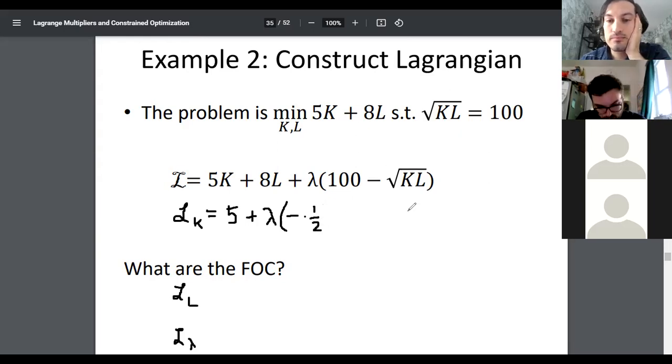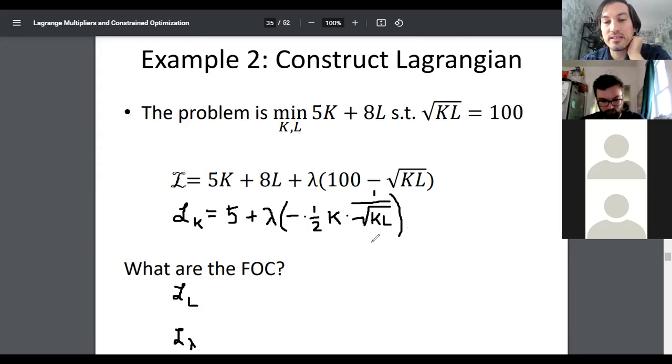Yeah, K over 2 times the square root of KL. So it's 1 over, so the K goes to the denominator. Okay. 1 over this. Can you see what I'm writing? This I agree with.